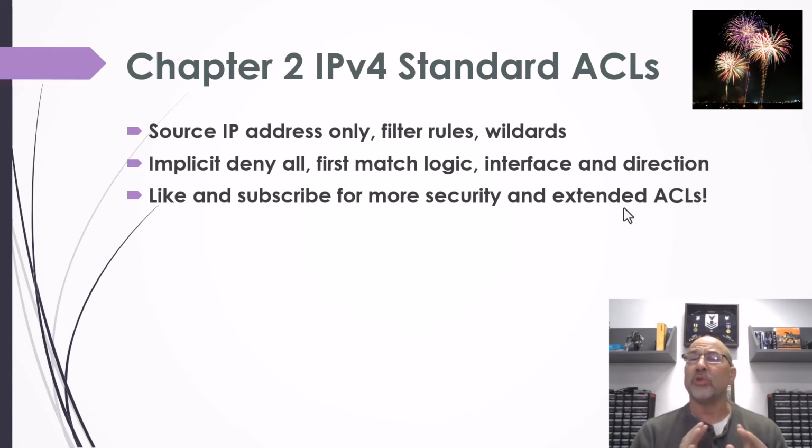And remember that we can use wildcards. You can have wildcards that match a particular host, network, or larger and larger address space, or even complex subnetting schemes. Remember also that all ACLs have that implicit deny all at the end of that. So if the traffic is not permitted, it's automatically denied.